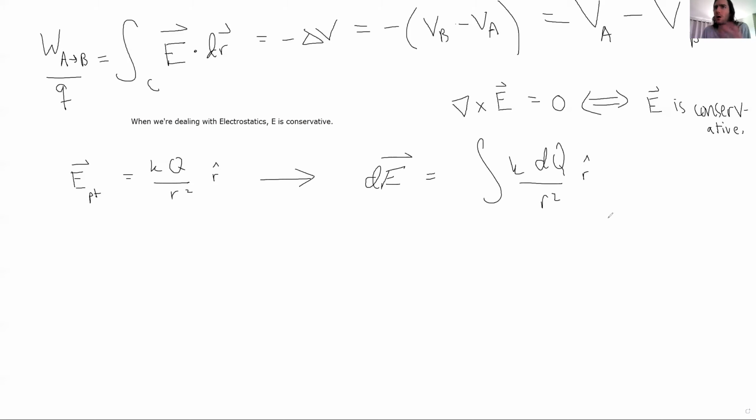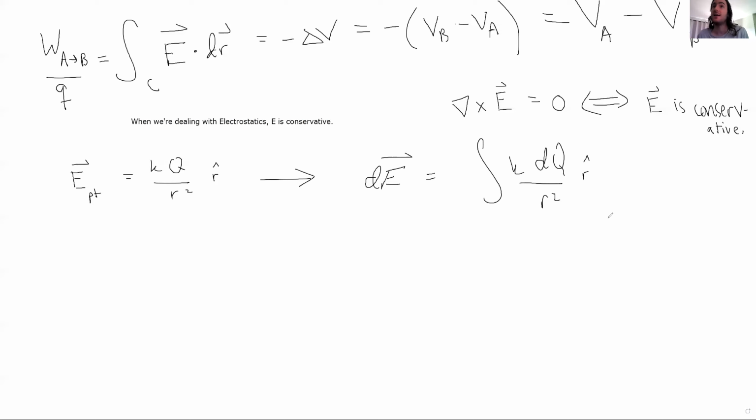All of the more complicated electric fields are essentially a summation of electric fields due to point charges. So yes, we can show that the point charge electric field is conservative, and that shows that all electric fields in electrostatics are conservative.